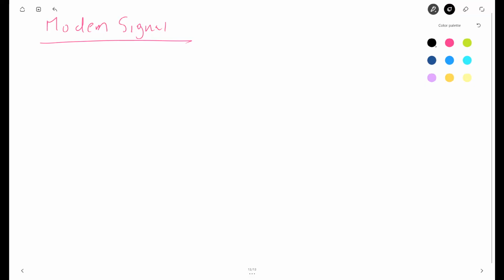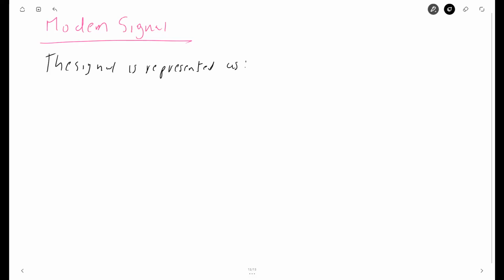So when dealing with a sinusoidal signal in a modem, it is important to understand the relationship between the signal frequency, the transmission period, and the data rate. The signal is represented as follows: x(t) = A sin(2πft).